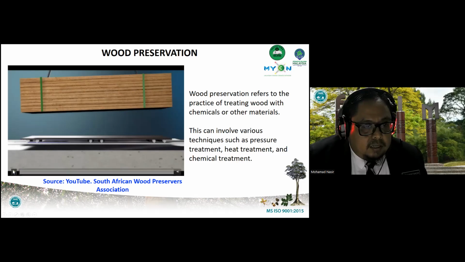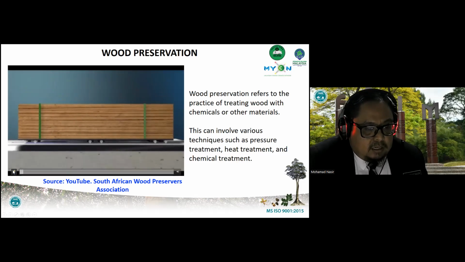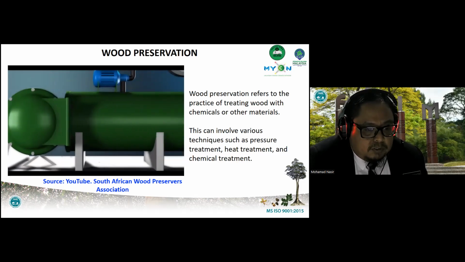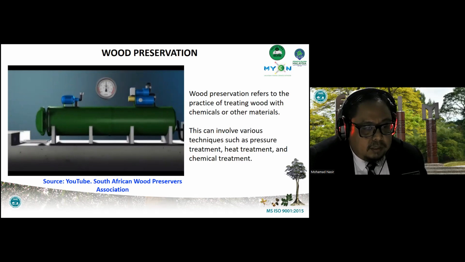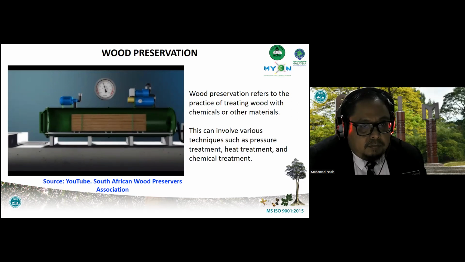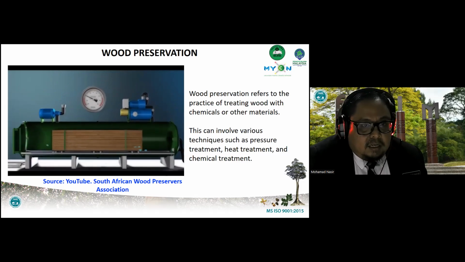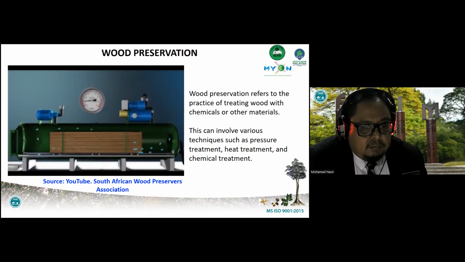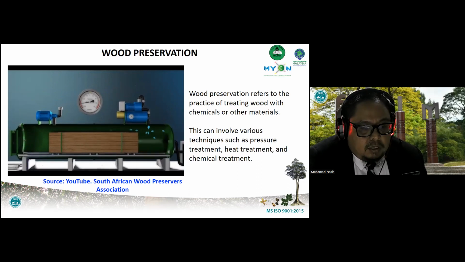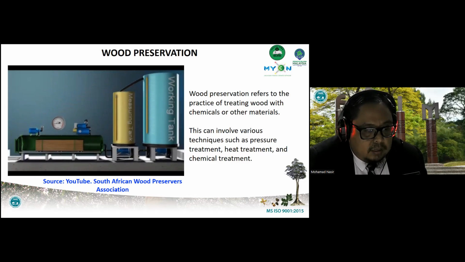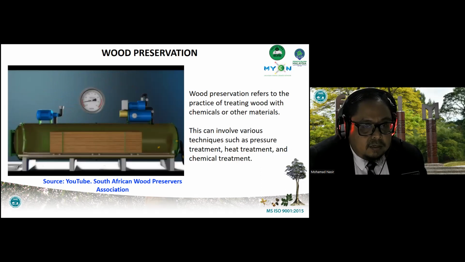This animation is showing the simple process of wood treatment by pressure treatment, where the wood is put in the treatment vessels. Then we apply a vacuum to the wood, usually for 30 minutes. After that, the preservative liquid will be added until it fills the vessels.